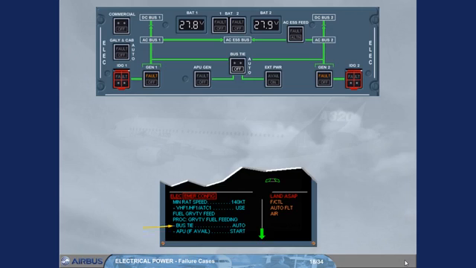Then the bus tie push-button switch must be set back to auto. This may allow the APU generator to take over on at least one side after starting the APU. Note: the APU must be started only below flight level 250. So, the bus tie push-button switch has been set back to auto.